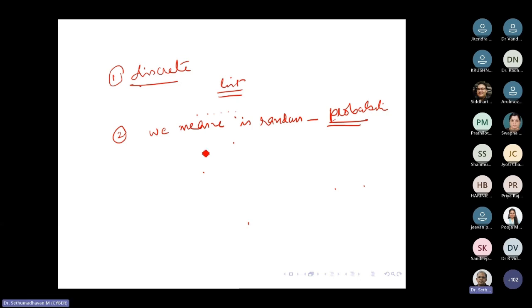This means that before we make a measurement, we do not know which of the possible energies we will get.